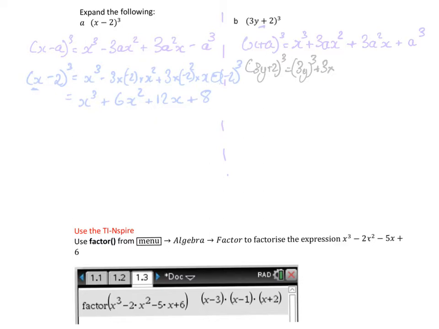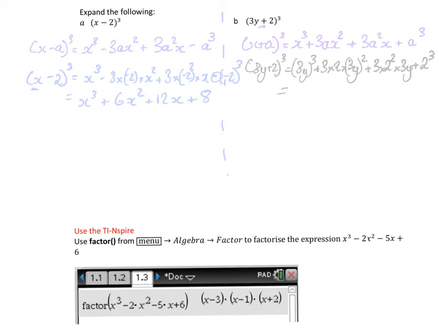So the second term is 2 times the first term all squared, so that would be 3y all squared, plus 3 times the second term squared. Now the second term is 2, so it's 2 squared, times the first term, which is 3y, plus, and the last bit there is the second term cubed, so plus 2 cubed.